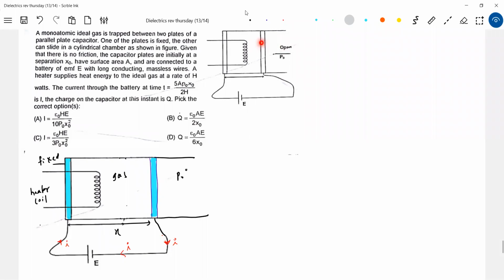Okay, fine. So I'm going to assume that it will move from rest to rest gradually. So this word gradually, let me add. Sir, you are adding it to get the answer. Yes. See, I assumed some general thermodynamic process, solved it, integrated, nothing related. Then I assumed maybe P greater than P naught. When I assumed the pressure of the gas to be P naught, I got the answer.